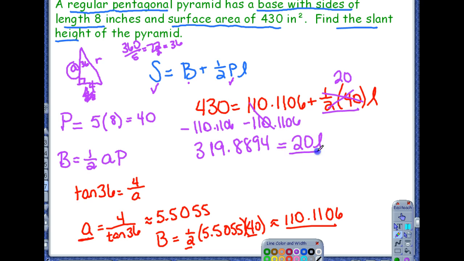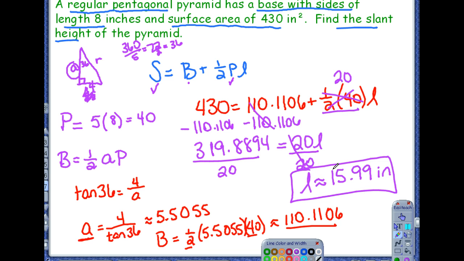Then I'm going to divide by 20. So my slant height is approximately 15.99 inches. It's not square inches because you're talking about a linear unit.